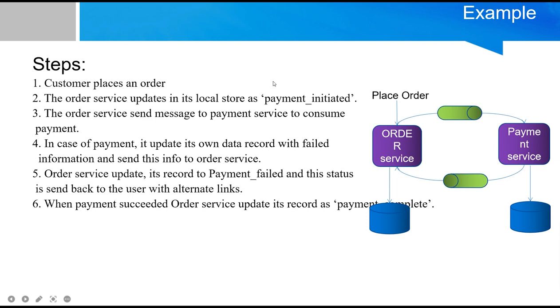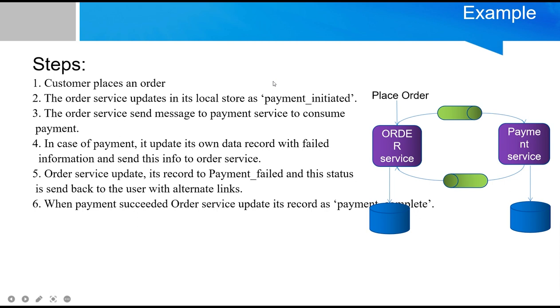And whenever the payment succeeds, first the payment service module updates the status to payment complete, then it sends this information to the order service, and then the order service updates this information. Now here one thing is clear, that they are not strictly following the ACID properties, because in the case of ACID properties, if the payment failed, your whole transaction must be rolled back.